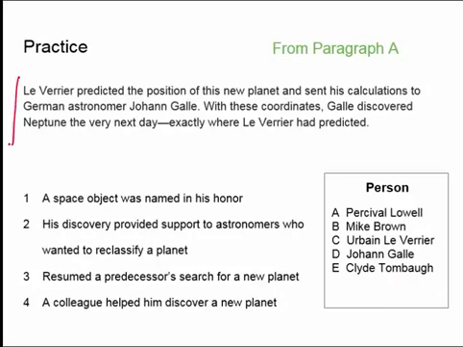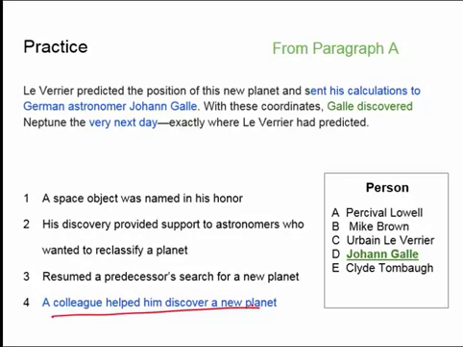All right, and so now again, your goal is to go through here and see if we can find something that relates to one of our questions. Indeed, when we do that, we find the answer to 4. Leverrier predicted the position of his new planet and sent his calculations to a German astronomer, Gall.